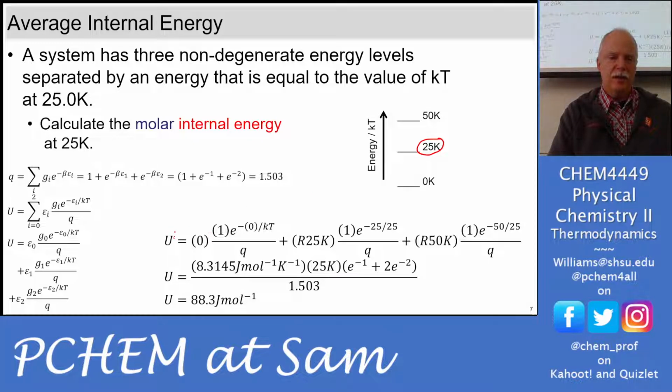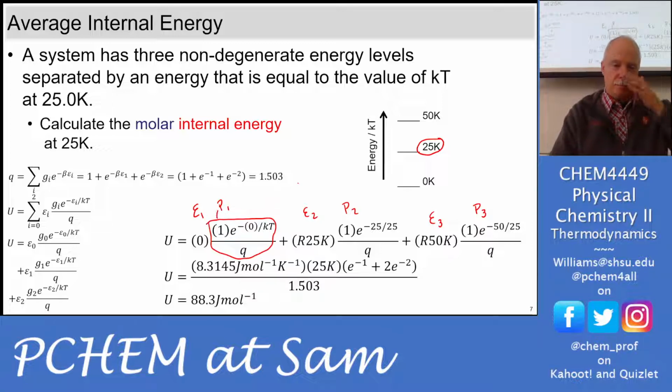Remember how we get this internal energy. It's the expectation value. So it's the energy times the probability. So all of these are the probabilities. And so whenever we're wanting to calculate the molar internal energy, let's look at this energy state E2.